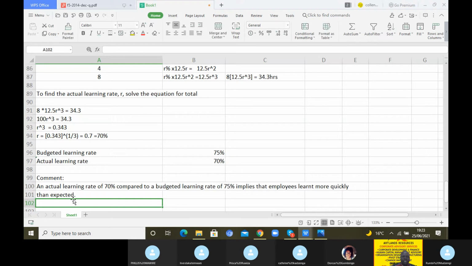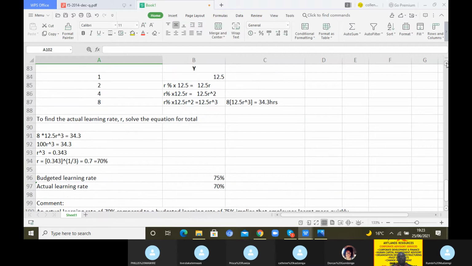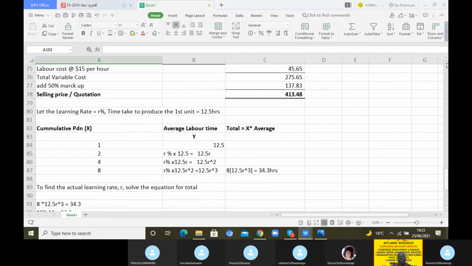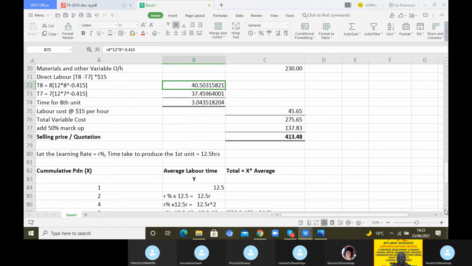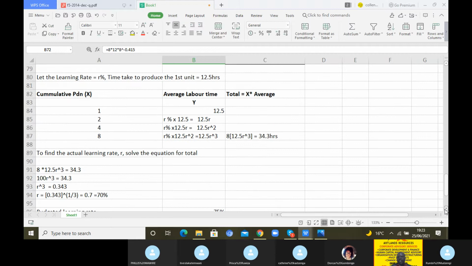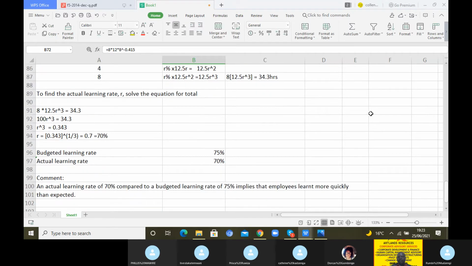Now, when you are saying employees learned more quickly than expected, you can actually get it from the information. Can you notice total time for 8 units using the budgeted information? It was 40 hours. Now, total time for 8 units using the actual learning rate was 34.3 hours. So total time we had budgeted to be 40 is now 34.3.